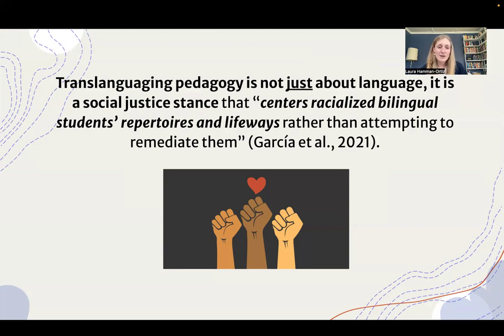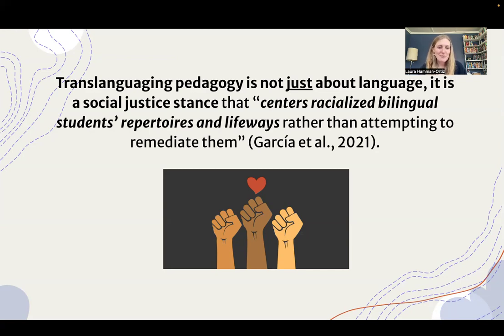Too often when children are translanguaging or even just bringing bits of their home language into oftentimes English-only classroom spaces, their ways of languaging and their knowledges are not considered valid for those spaces, right? And so translanguaging is really about centering the way that racialized bilingual children use language, the flexible and dynamic ways that they make meaning, rather than trying to fix them or see them as a problem.